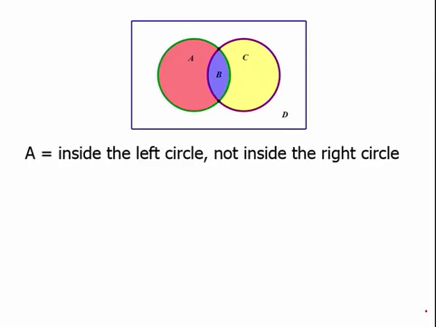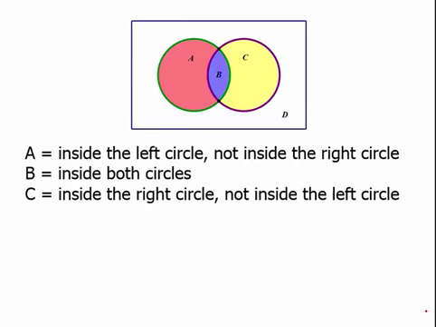So the red region, A, is inside the left circle but not inside the right circle. So these are all the people inside the green circle but outside of the purple circle. So they're in the green circle only, not in the purple circle. B is the overlap group. They're in both circles. C, these are all the people in the right circle, not inside the left circle.